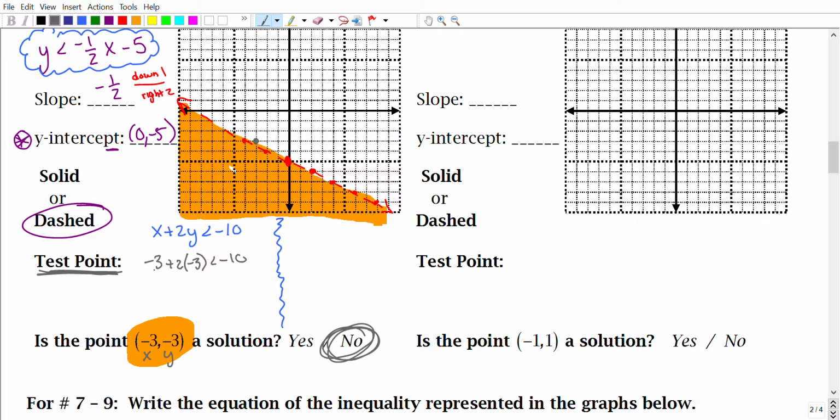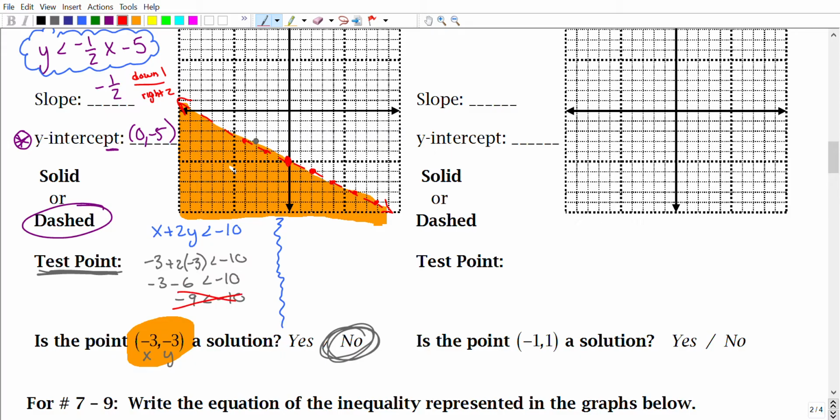So let's see if this gives us a true statement. 2 times -3 is actually -6. All right, what do we get? We get -9 is less than -10. Is that true? No, that is not true.